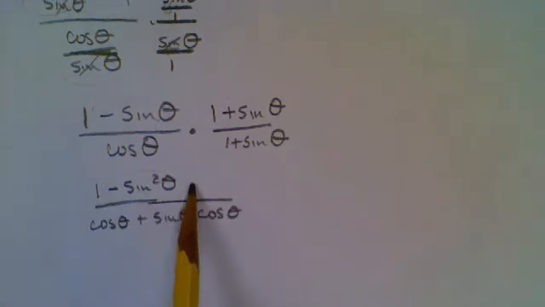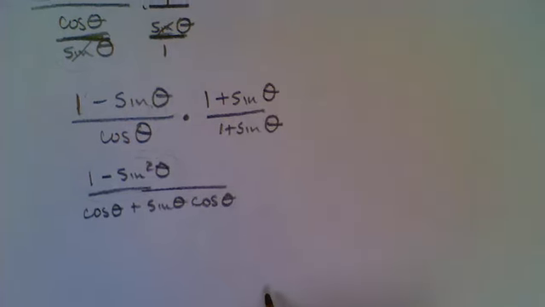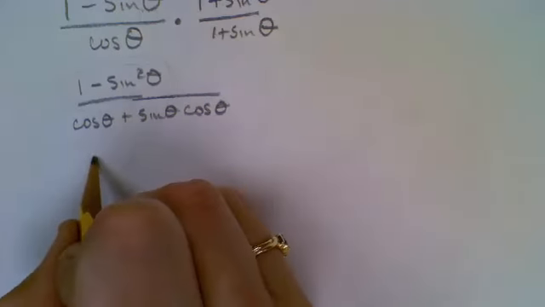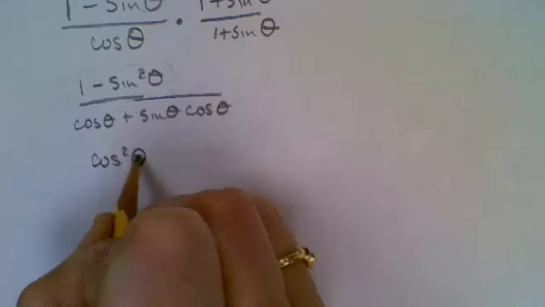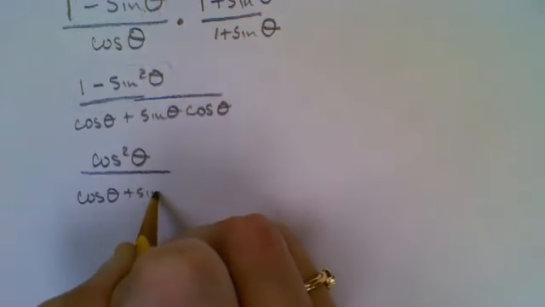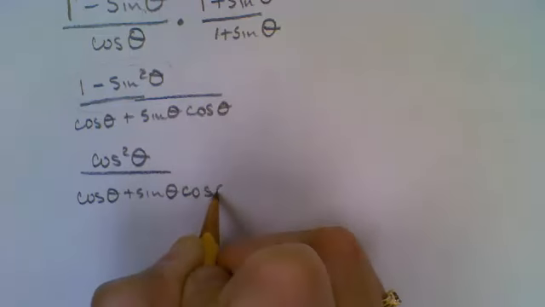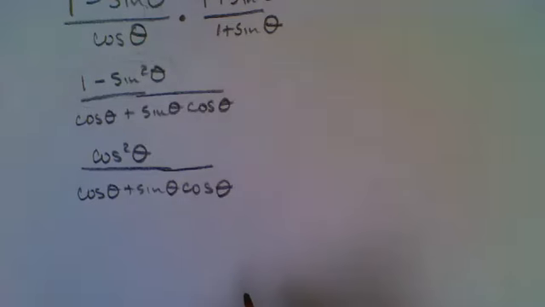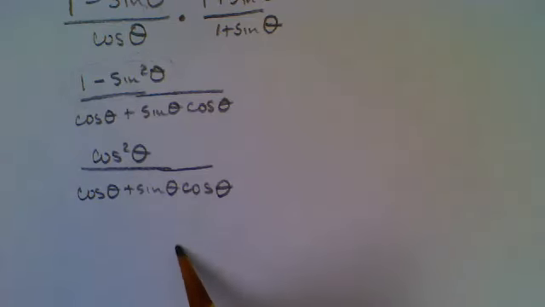I need to get this to be 1 term, and now I see that 1 minus sine squared is the same thing as cosine squared. So I'm going to write that as cosine squared theta over cosine theta plus sine cosine. And now I'm looking to see, what could I do to simplify this? I do see that there is a cosine common to all of them.